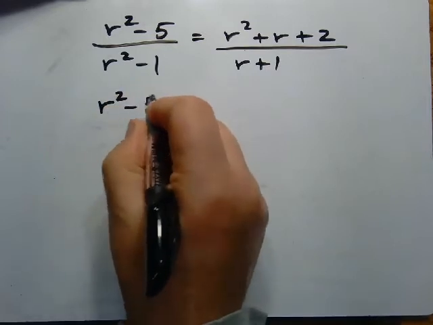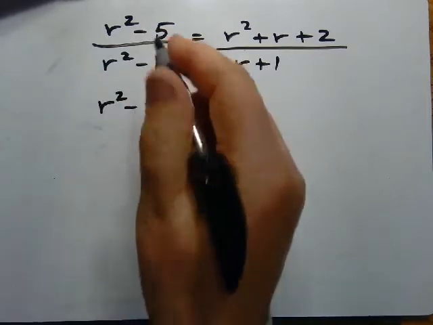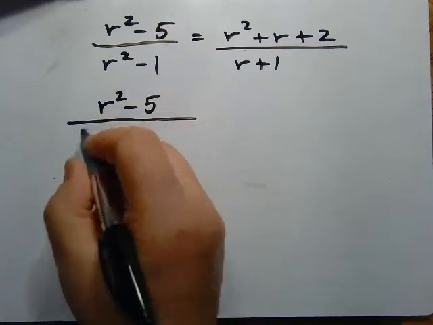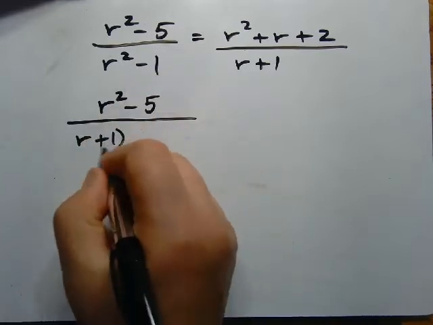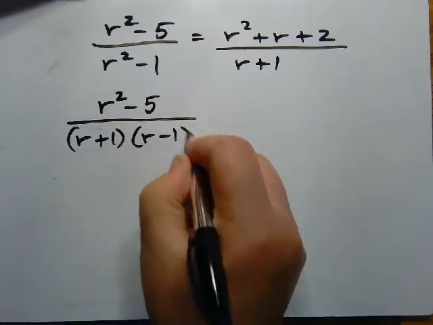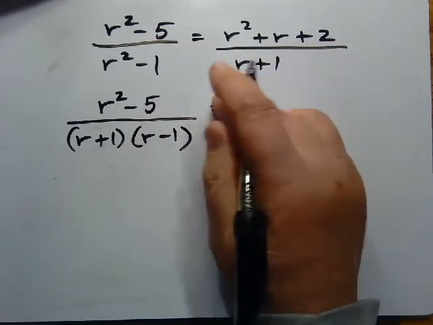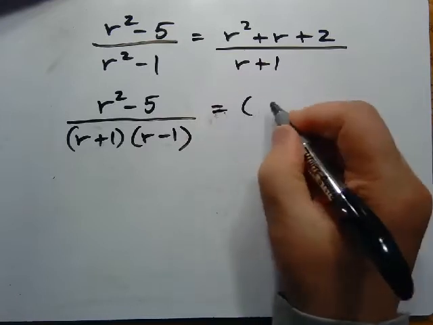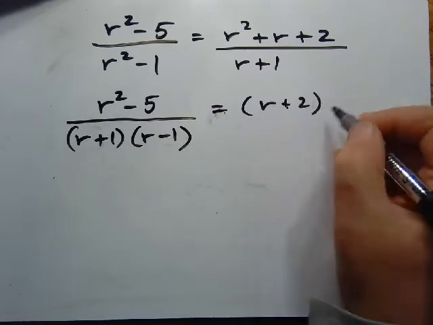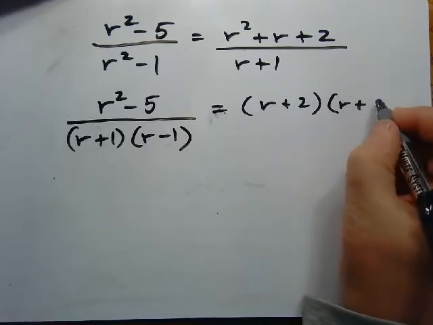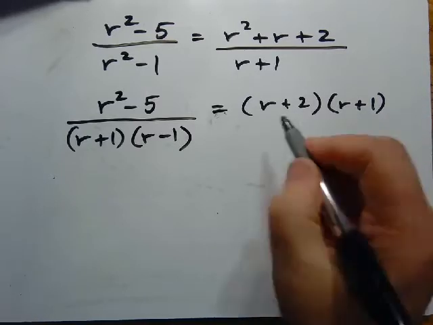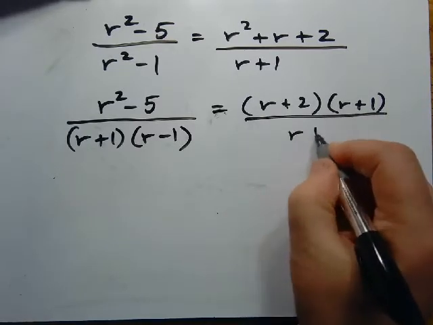This is not the difference of squares here, so I'm not going to try factoring it. But this is the difference of squares, r plus 1 times r minus 1. And on the top here, I have, let's see, r plus 2 and r plus 1 all over r plus 1.